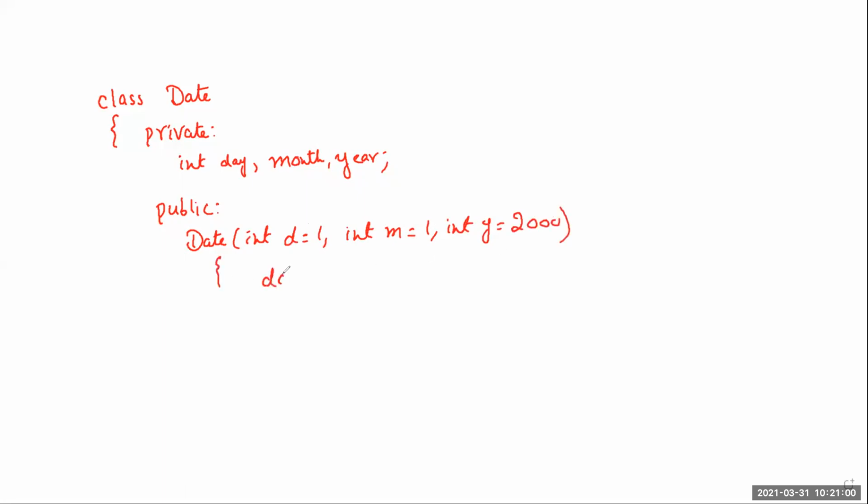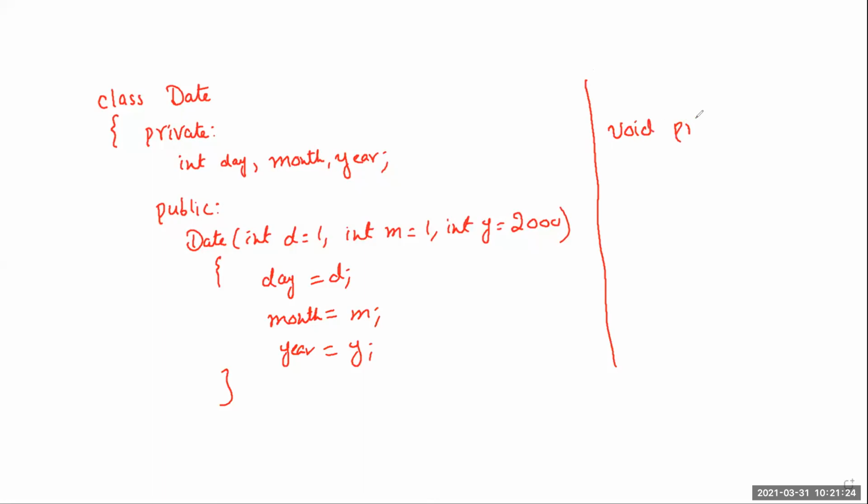Within the body, you are well familiar with what we always do: copy the data into the data members. I'll make one more function, a print function, void print.